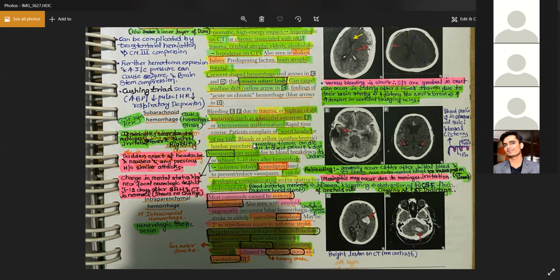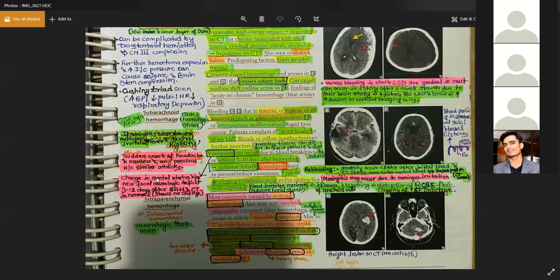So a sudden onset of headache with nausea, without any previous history of similar attacks and without any FND, means it is a case of subarachnoid hemorrhage. The patient can have nuchal rigidity, can have a fever, will have meningeal irritation, and headache will be there, right? Rebleeding can occur, and hydrocephalus can also occur. After 3 days, vasospasm can occur.